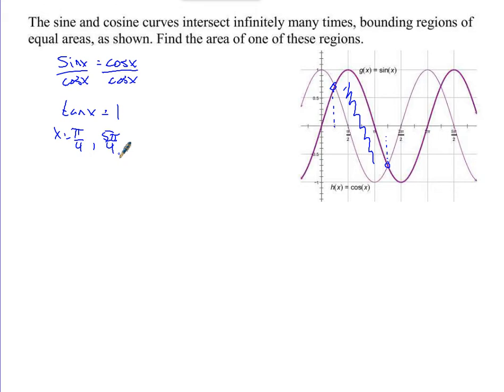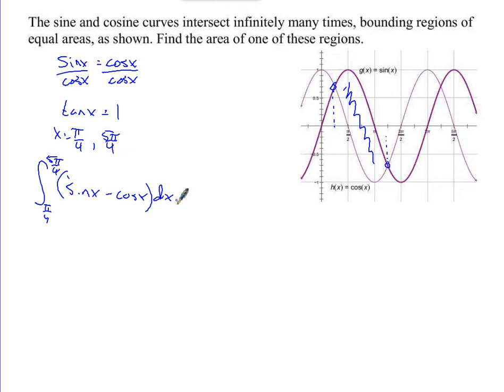Now what? Now integrate. So what do I write? The integral from pi over 4 to 5 pi over 4. Yeah? Sine minus cosine. Okay.